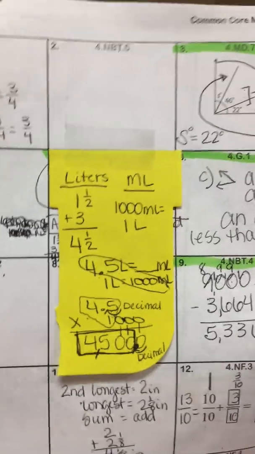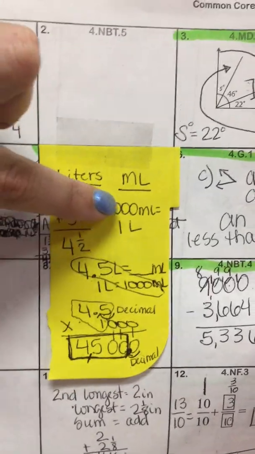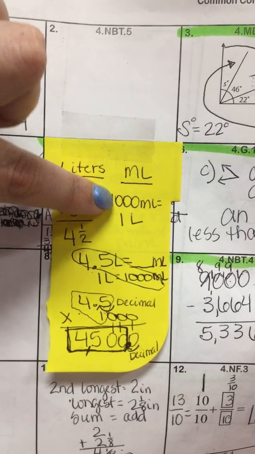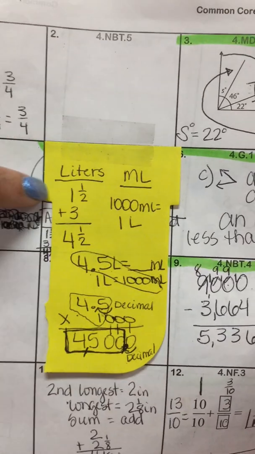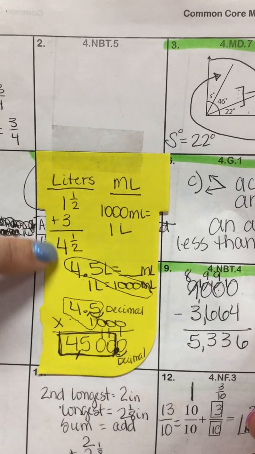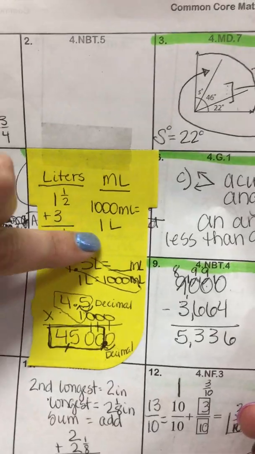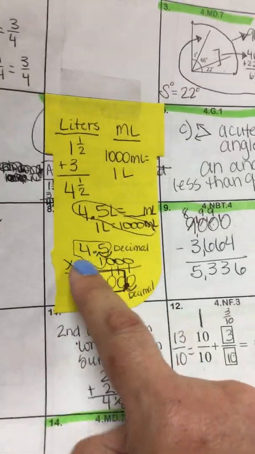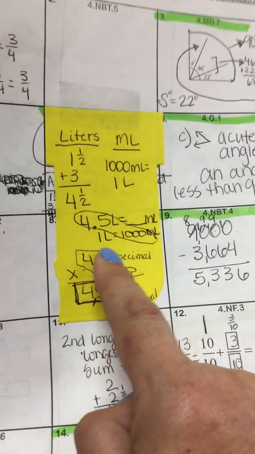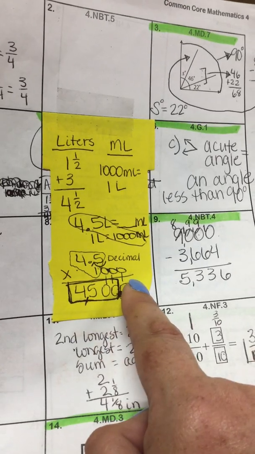The next one is this one right here, and I've kind of given you a big one. I told them that the main information is 1,000 milliliters equals 1 liter. They had to find how many liters they had. 1.5 plus 3 gives them 4.5. I did show them what it was like to multiply with a decimal, meaning that you would multiply as if there were no decimal, 45 times 1,000.